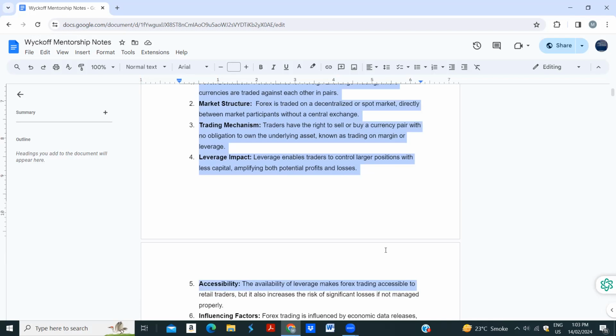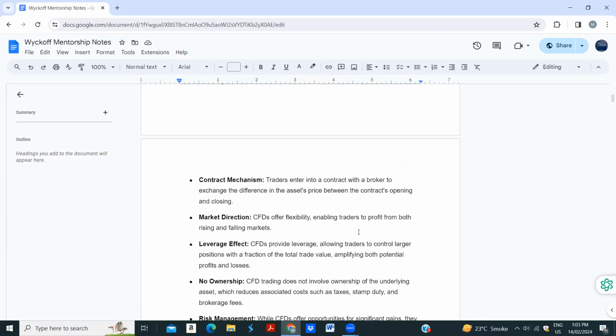I have basically explained most of the things, but of course you have to reread it over and over again in order to get an idea. If you don't have these basic ideas, you won't be able to perform accurately in the Forex market or the CFDs market.